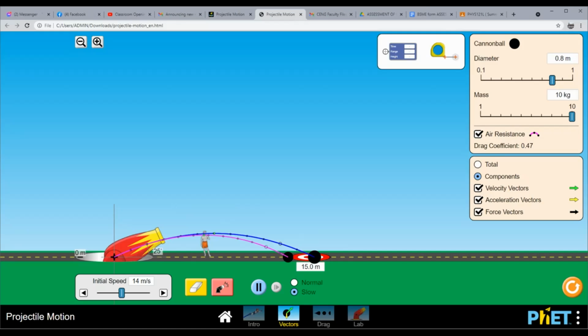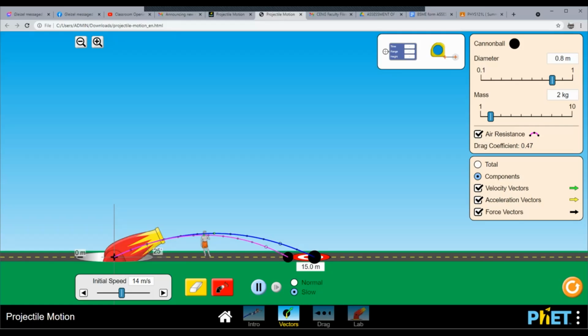Anong nangyari? Hindi po na-hit yung target. Hindi na-hit yung target at ang nangyari, yung distance na travel niya ay nag-decrease. Okay, nag-decrease. So, ibalik natin ulit. Tingnan natin. Sa 2 kilogram, mas pagaanin natin.